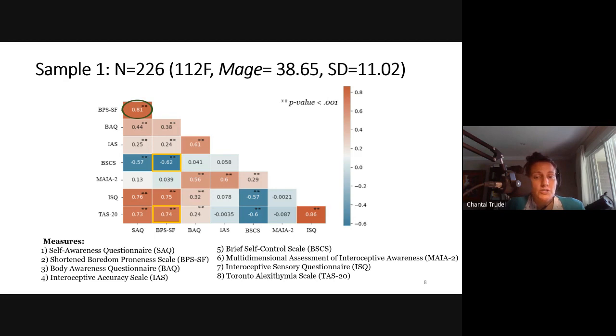The self-awareness questionnaire. So the more boredom prone you are from these results, the more attention you seem to pay to those internal signals, to interoceptive signals. And finally, we found a strong correlation as well between boredom proneness and the Interoceptive Sensory Questionnaire.